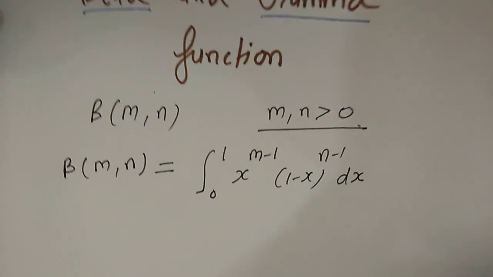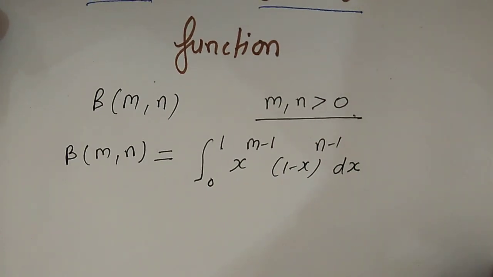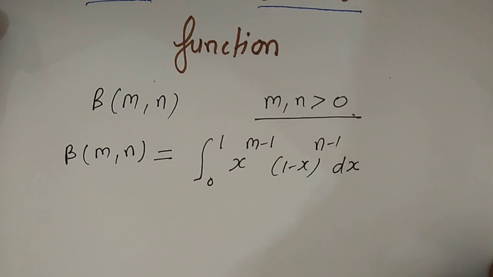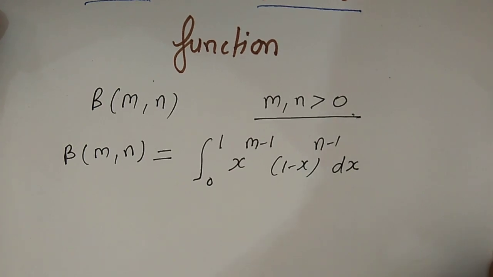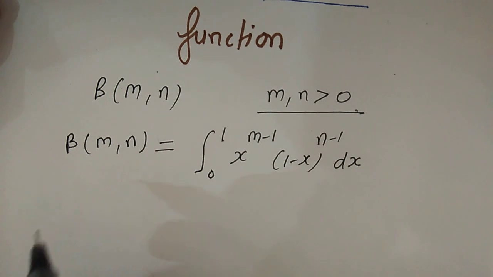So this is the definition of beta function. This is a definite integral, the limit is finite, 0 to 1, and now we have one property.